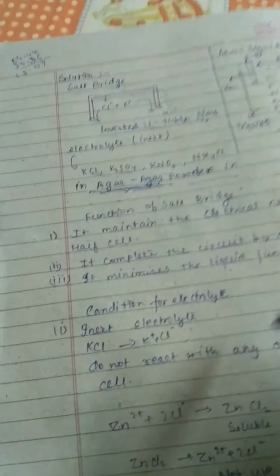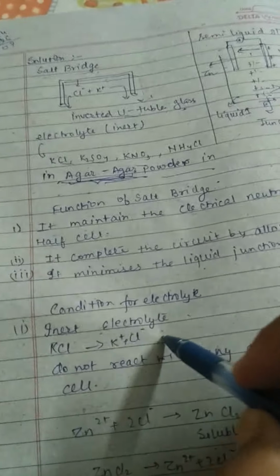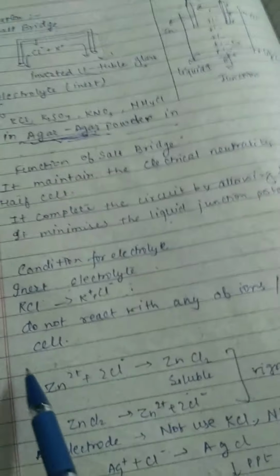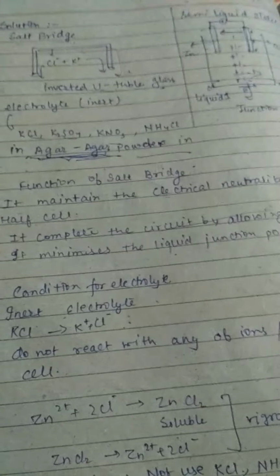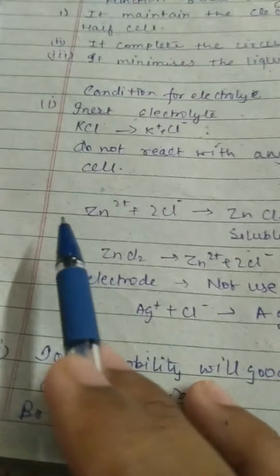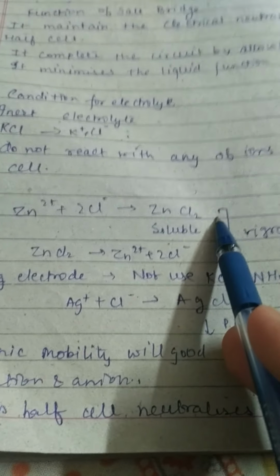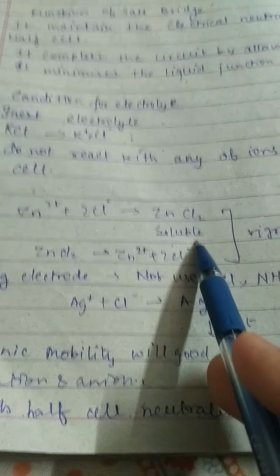Now, what are the conditions of the electrolyte? The conditions are also very important. First, it should be inert. What is the meaning of inert? It does not react with any ions or rods of the half cell. KCl is K+ plus Cl-. Zn2+ with 2Cl- gives ZnCl2, which is soluble.